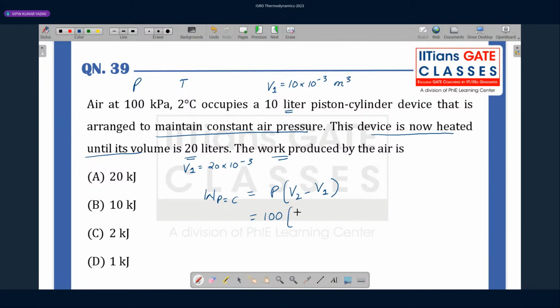What is the volume change? 20 minus 10 into 10 to the power minus 3. So it is 100 into 10 to the power minus 3, and everything will get cancelled because it is plus 3 minus 3. And it is 1 kilojoule, your right answer. Okay, so it's very simple.